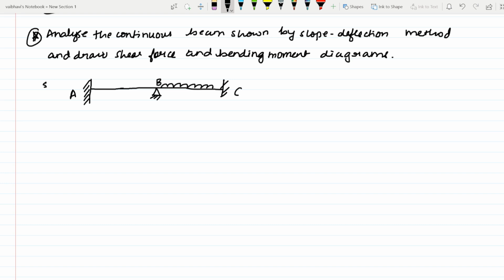There is a UDL of 10 kilonewton per meter, and there is a point load of 60 kilonewton, 3 meters, 3 meters. It is 6 meters.